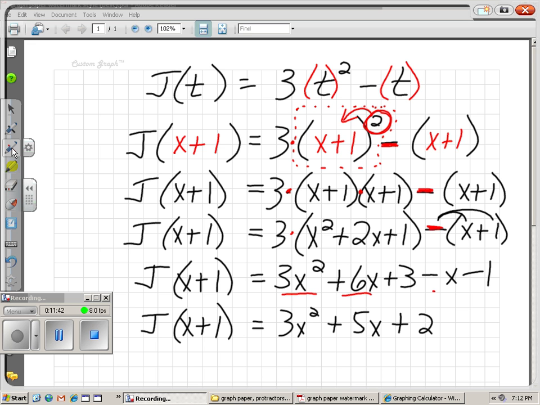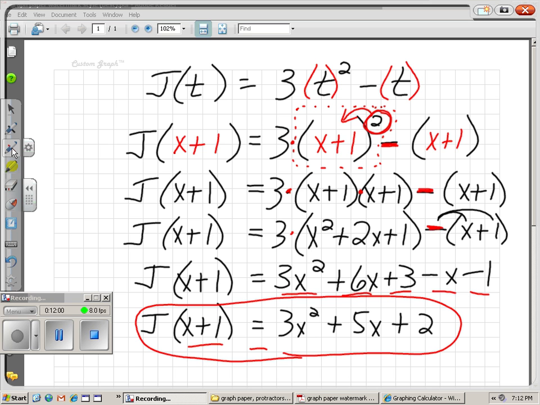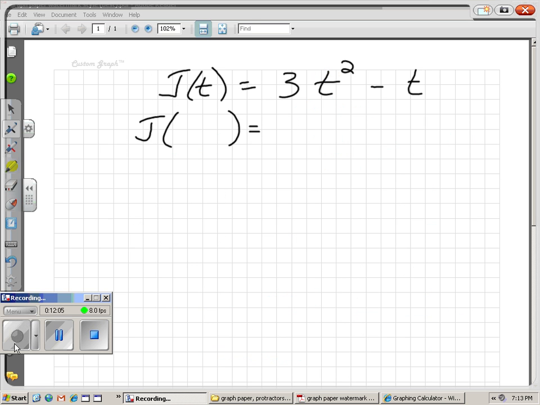I put the 6x and the negative x together and got 5x. And I put my positive 3 and negative 1 together and got positive 2. So when you run an x plus 1 through the j function, you get 3x squared plus 5x plus 2.